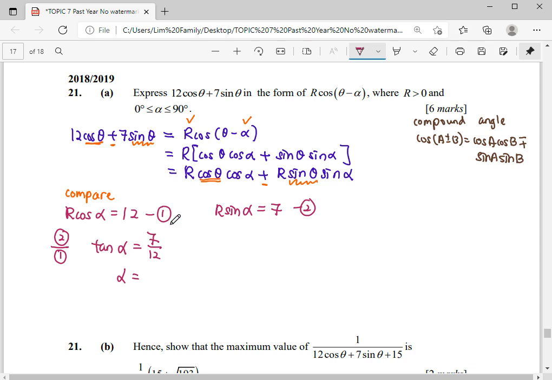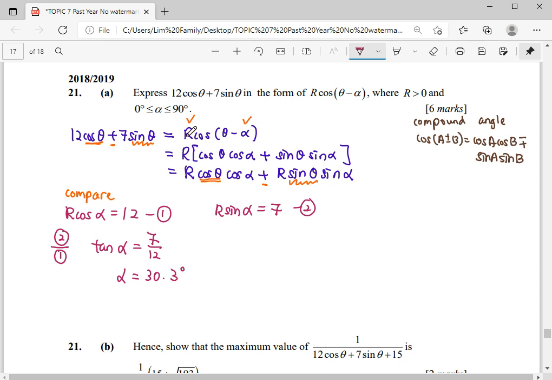Then I just need to press shift tangent for 7 over 12. Here we will get 30.25, so 30.3. Three significant figures is already enough. So this is how we get our alpha. One of the constants we got already.